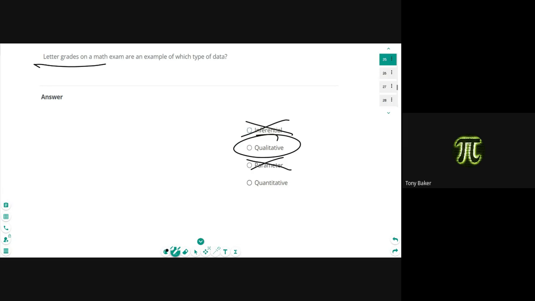Quantitative has to be a numerical value. Okay, so if it's not a numerical value, it cannot be quantitative. All right, so that's right there. Automatic makes it qualitative. However, numerical values can be either one, so that makes that piece a little more complicated. Next question.